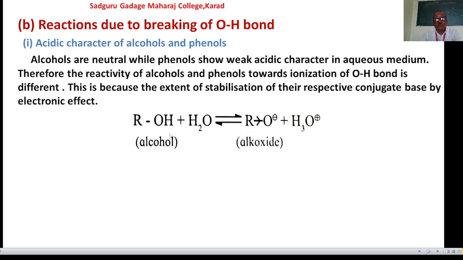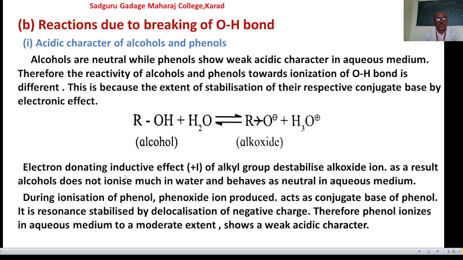So here is the reaction: ROH alcohol plus H2O, a reversible reaction, gives an alkoxide, where oxygen carries a minus sign, and H3O+. The electron donating inductive effect, plus I effect, of the alkyl group destabilizes the alkoxide ion. As a result, alcohols do not ionize much in water and behave as neutral in aqueous medium.